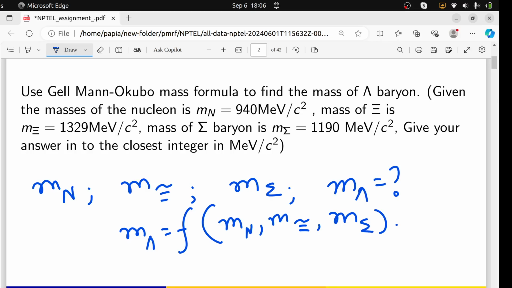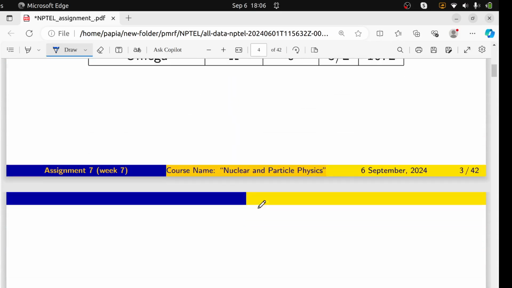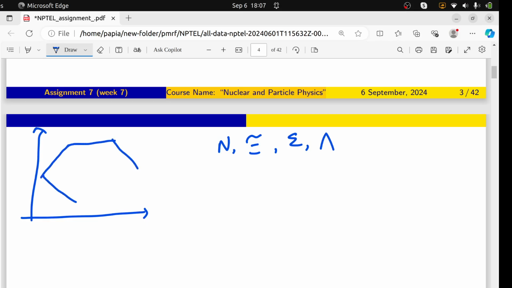For completeness, maybe I can draw one picture here. How many particles are given? N means neutron, then cascade is given, then sigma is given, and they are asking for lambda. So it will be good if I draw the baryon octet. In the baryon octet there is neutron and proton.